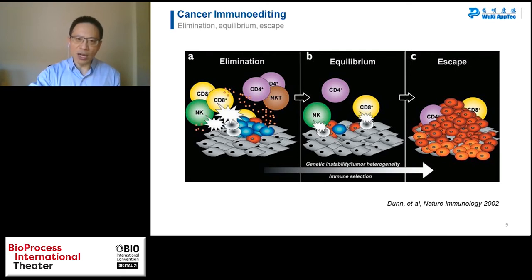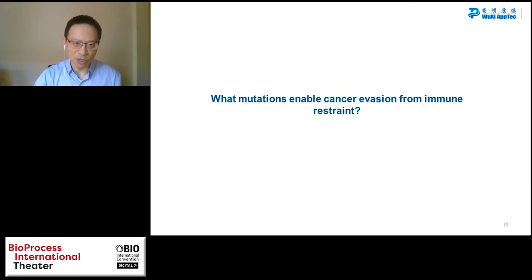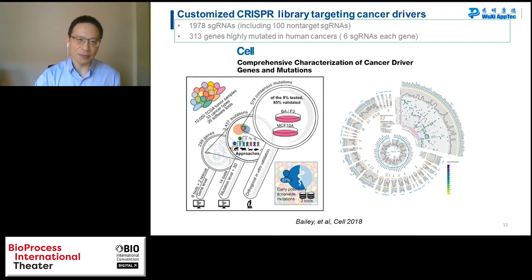So how can we identify such mutations? In the next few slides, I'm going to show in detail how we perform in vivo CRISPR screening to identify mutations that sensitize cancer cells to immune checkpoint blockers in xenograft models.